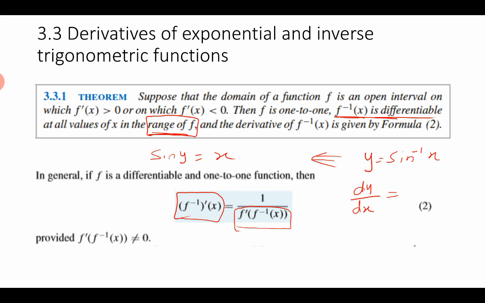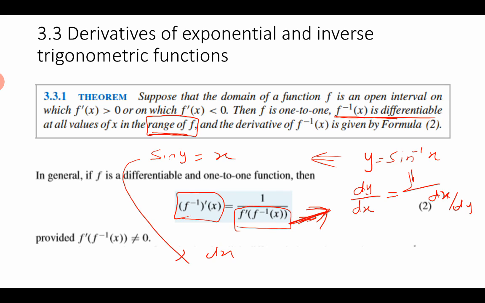And then from this one we can write a different version of the same formula. This is 1 over dx over dy. This formula can be interpreted this way: dy by dx is 1 over dx over dy. So I am finding dx over dy from this one.